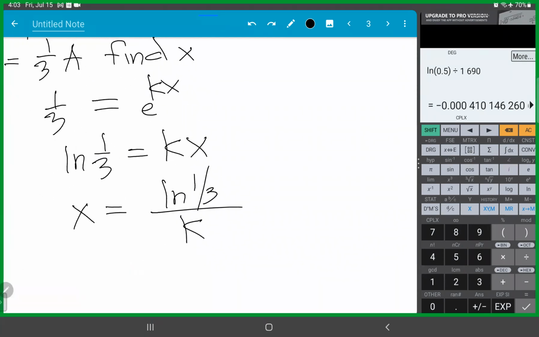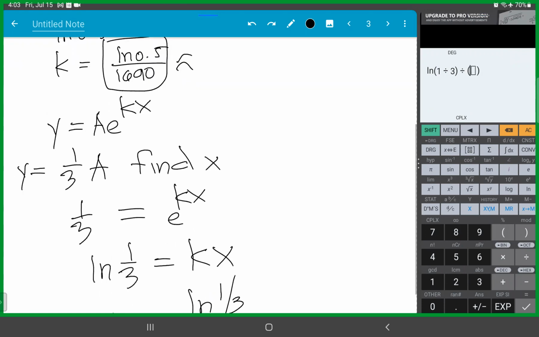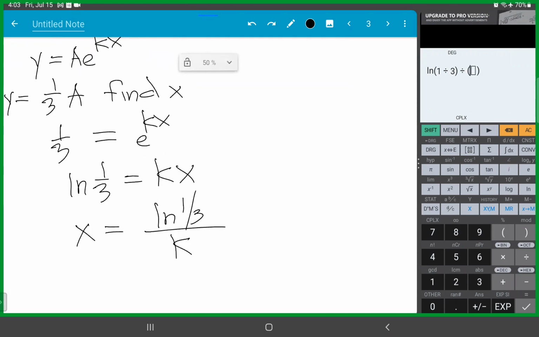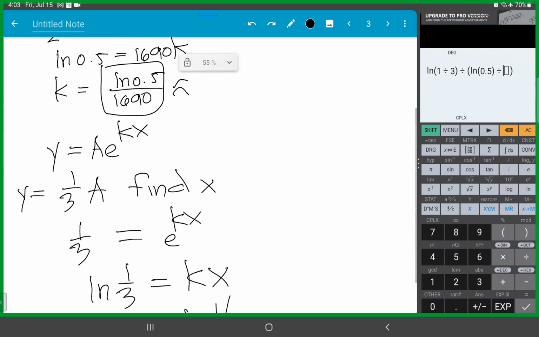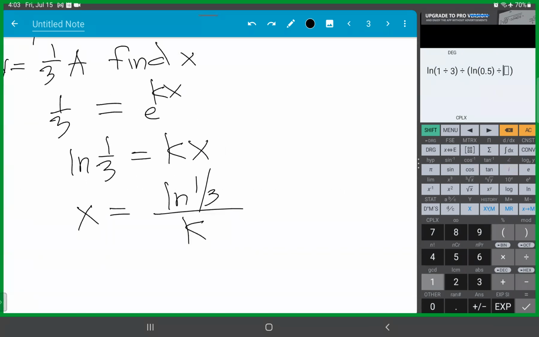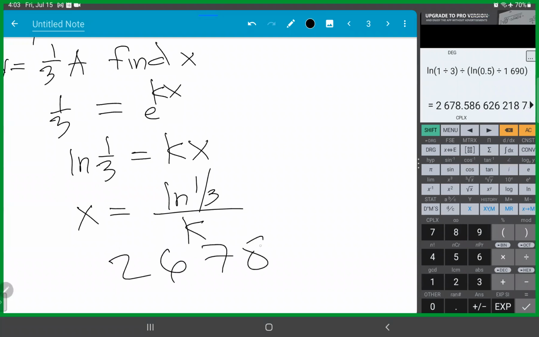So using my calculator here to do the thing for us. ln 1/3 divided by k. And k is ln 0.5 divided by, again, 1,609. So the answer is 2,678 years.